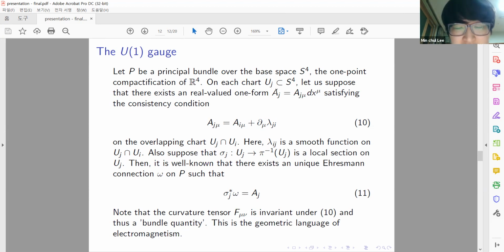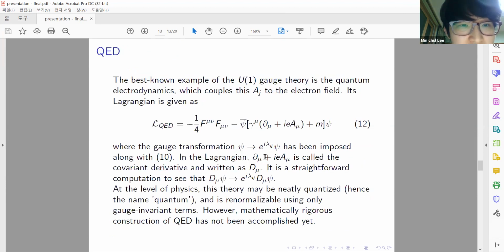This may be only defined locally. However, the curvature tensor, which is the electromagnetic field strength, is a physical quantity, and they are what we observe. They are defined globally. This is the U(1) gauge theory, and QED is the best known example of the U(1) gauge theory. It is the abbreviation for quantum electrodynamics, which couples this U(1) vector potential to the electron field.